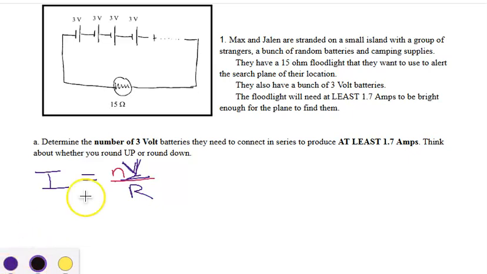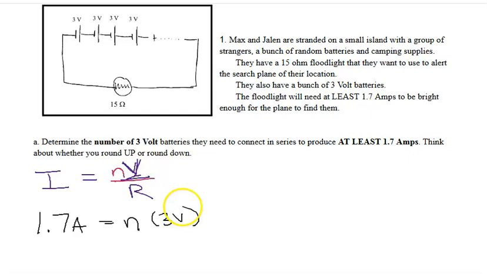So the current is some number of batteries divided by the resistance. And we want I to be 1.7 amps, and that's going to be N times 3 volts over 15 ohms. And then you can solve this. You could do this a couple of different ways, you'll get the same thing.